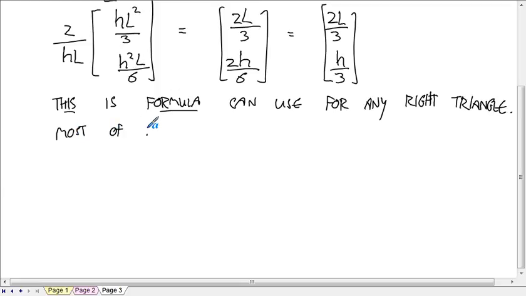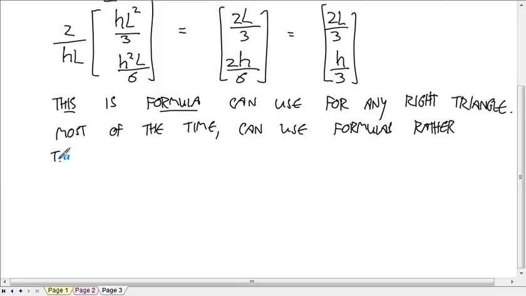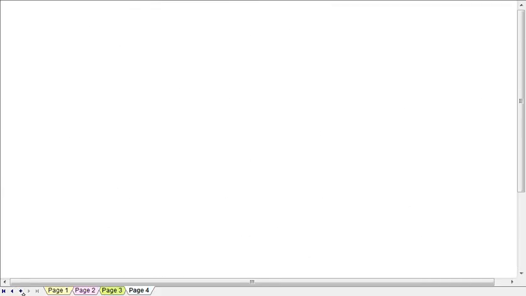Most of the time, you can use formulas rather than integration. Okay, so here are the common shapes.